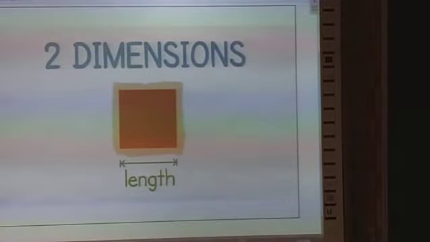Two-dimensional or 2D shapes are flat. They're called two-dimensional because they only have 2 dimensions, length and width. Shapes have certain features that help us work out exactly what type of shape they are. These features include sides and corners.